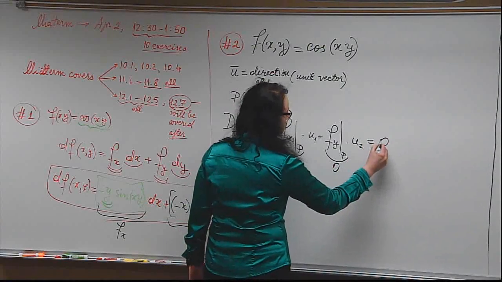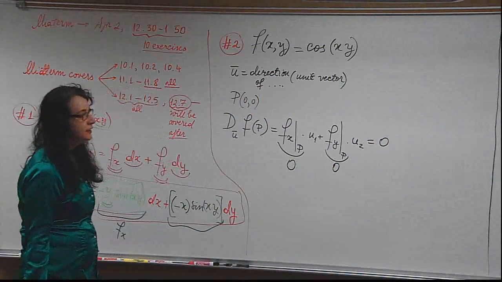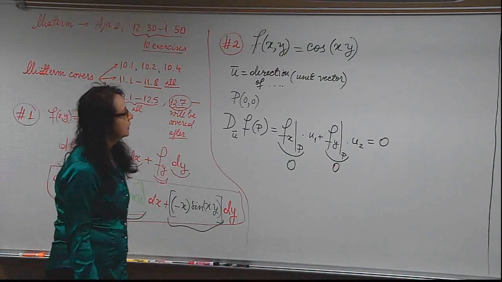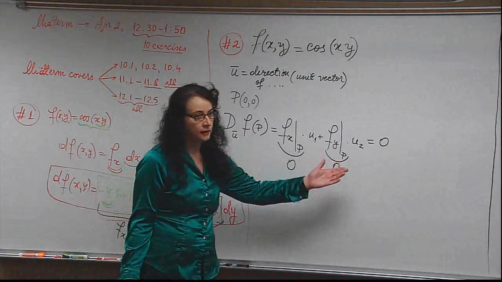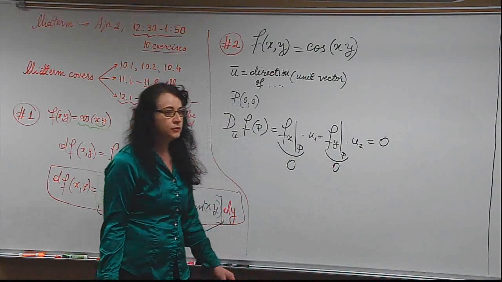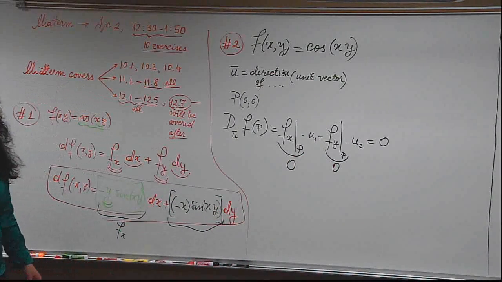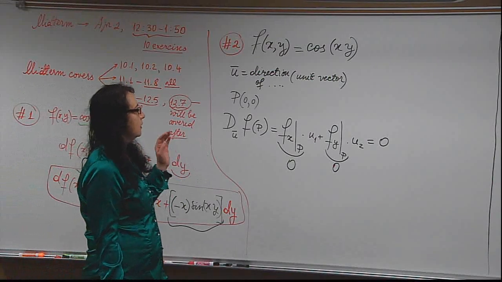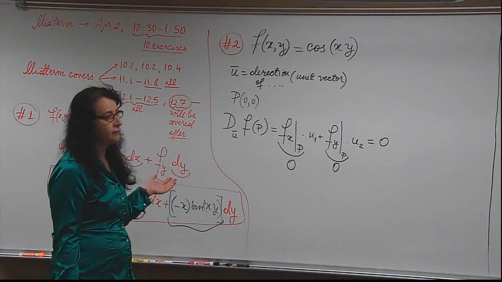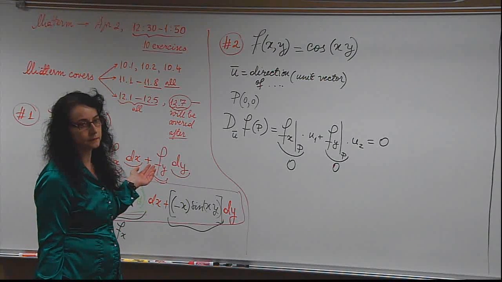So the directional derivative is 0. Did I have to find the direction of the gradient? No, because in the end, you got 0. So it's always important to write down the final thing you want, the definition of the directional derivative. In the actual exam, you may have a different situation.